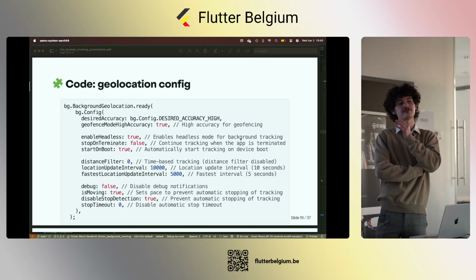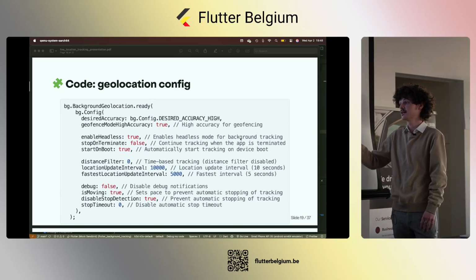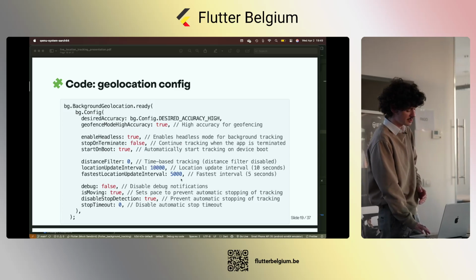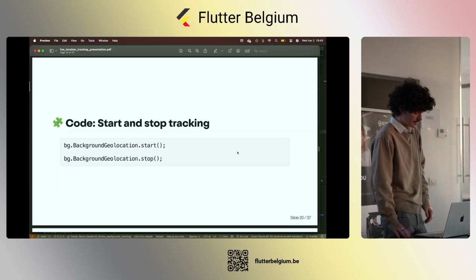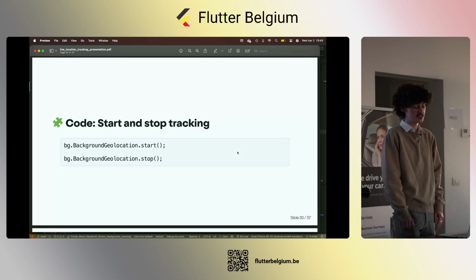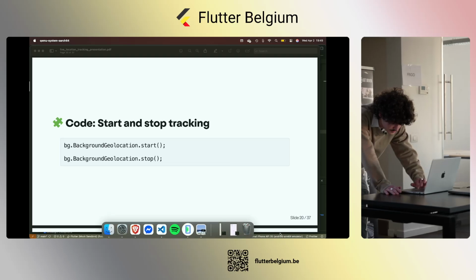So every 5 seconds we should get an update. And like I said before, isMoving is true because the app can simulate the movement, only the location. Then it's quite easy. If you've configured the package right, you can just start and stop it. That's what I'll do now.